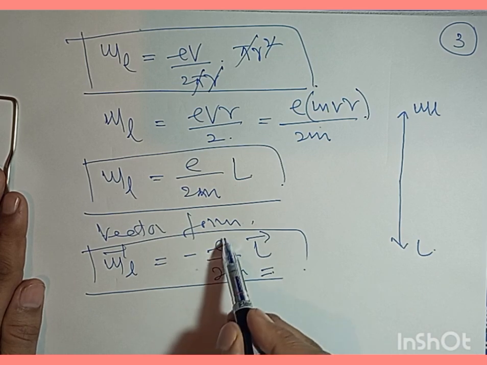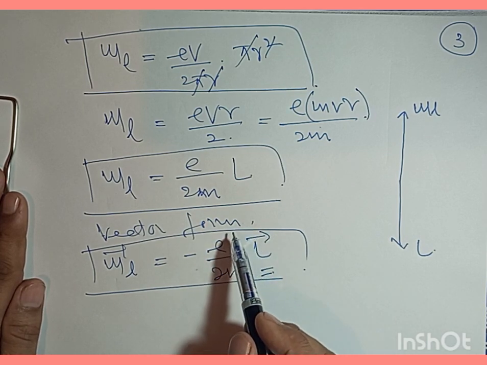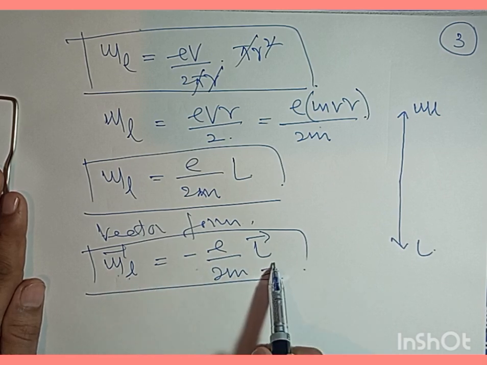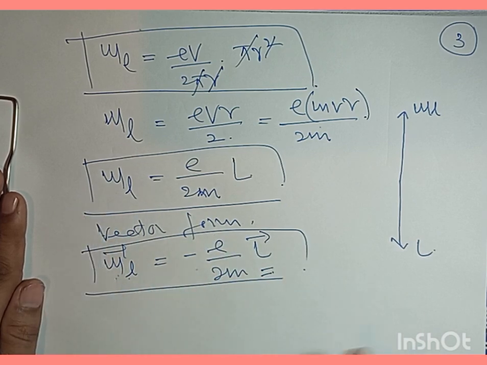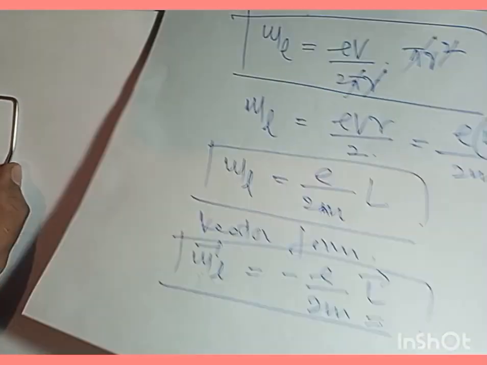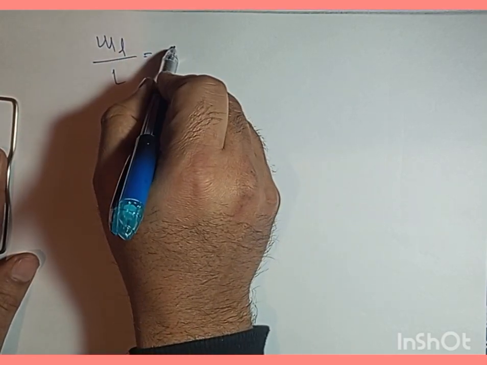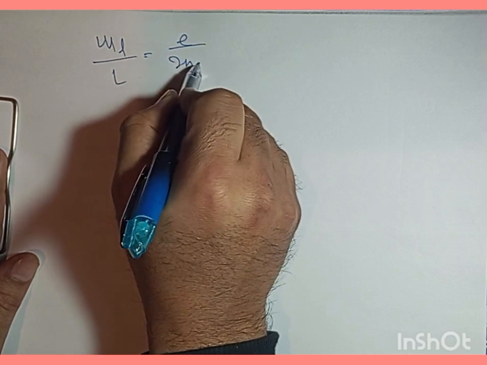Okay, so now this e by 2m, we can have the ratio between this mu L and L, and that ratio is simply e by 2m. If we go with this equation, we can write down that mu L by L is e by 2m.